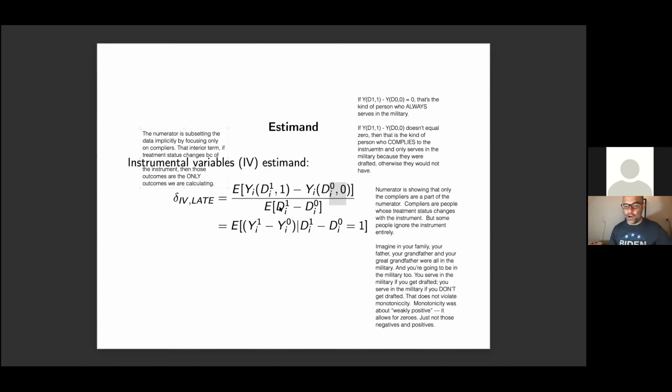You see it again in the denominator. Anyone whose treatment status didn't change with their instrument, the denominator would be 0. Compliers, therefore, are the only ones contributing to the denominator.